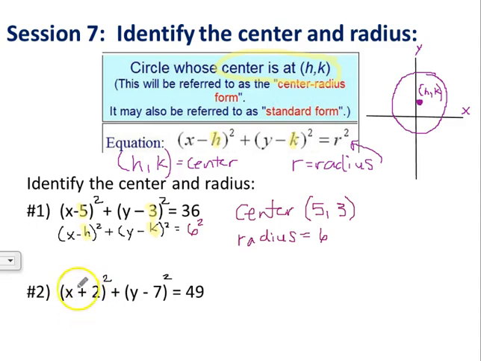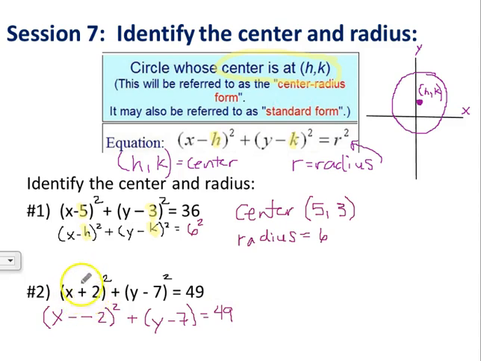This one's a little tricky because we've got a plus sign. My hint to you is remember that we can rewrite a plus sign as a double negative, and that might help you identify your center. So see if you can figure out the center and the radius of this second equation here. If you want to go ahead and click pause, do so now.